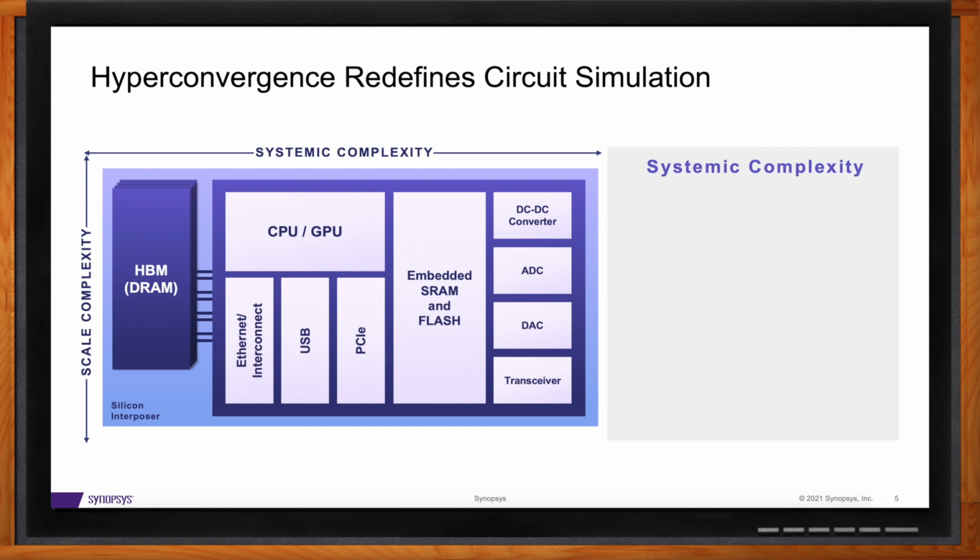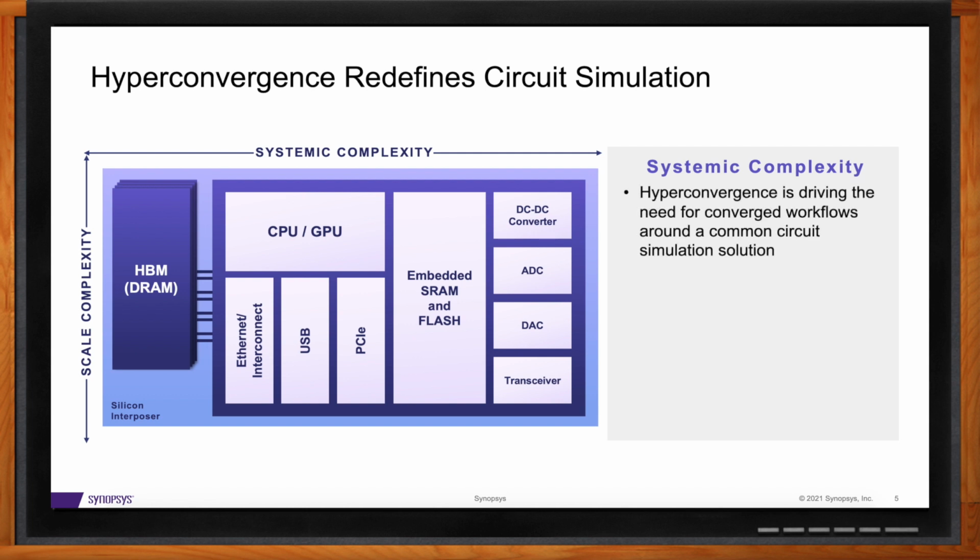There were simulators optimized for analog designs, others optimized for high-speed I/O, others optimized for memory. Now, with hyperconvergence, all these components are part of the same system. So there is a need for a converged workflow around a common circuit simulation solution. It's not possible anymore to work with point tool simulators that are integrated together in ad hoc flows.